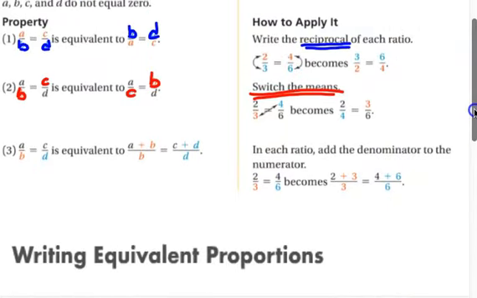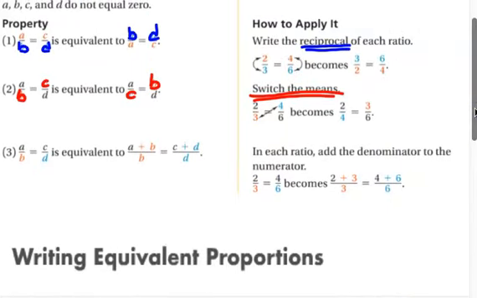And then the third one, property 3, look what they changed here. A over B, C over D. What they did is they added the bottom of the fraction to the top of the fraction. Okay, these are just algebra tricks, properties of proportions that always work.